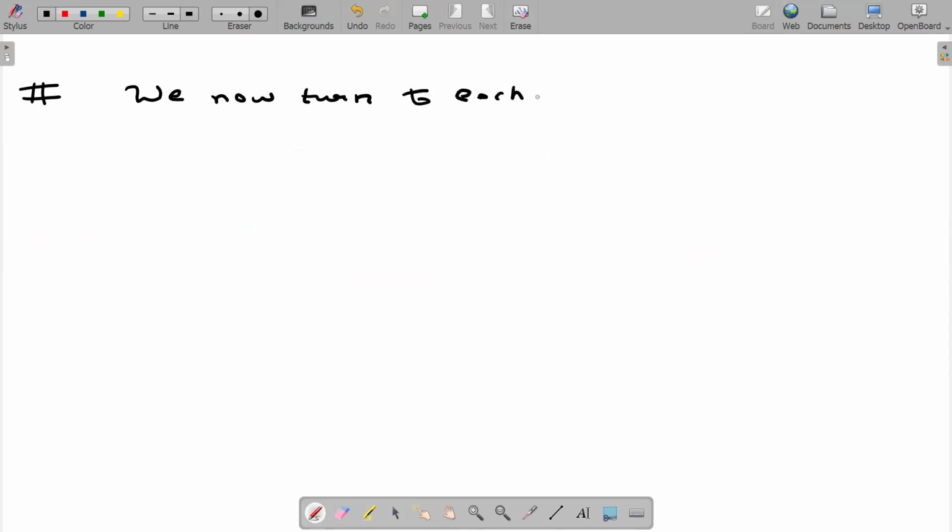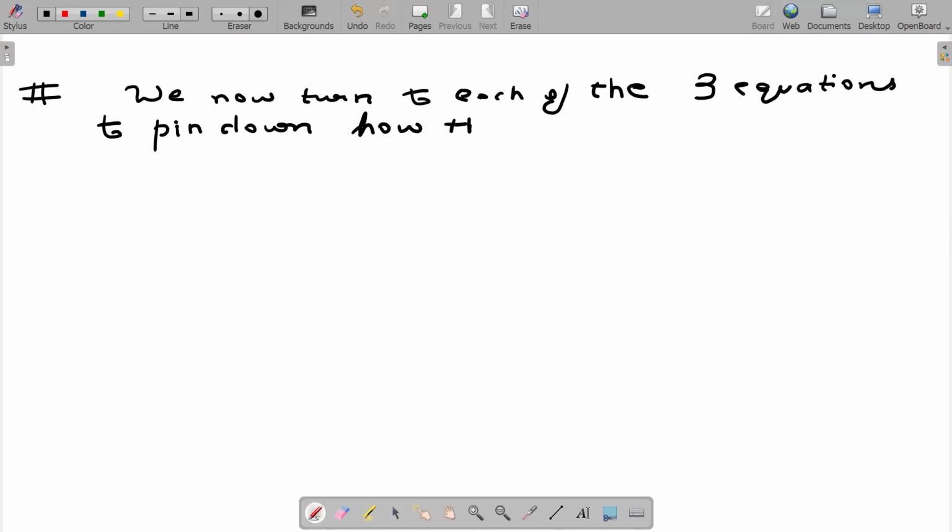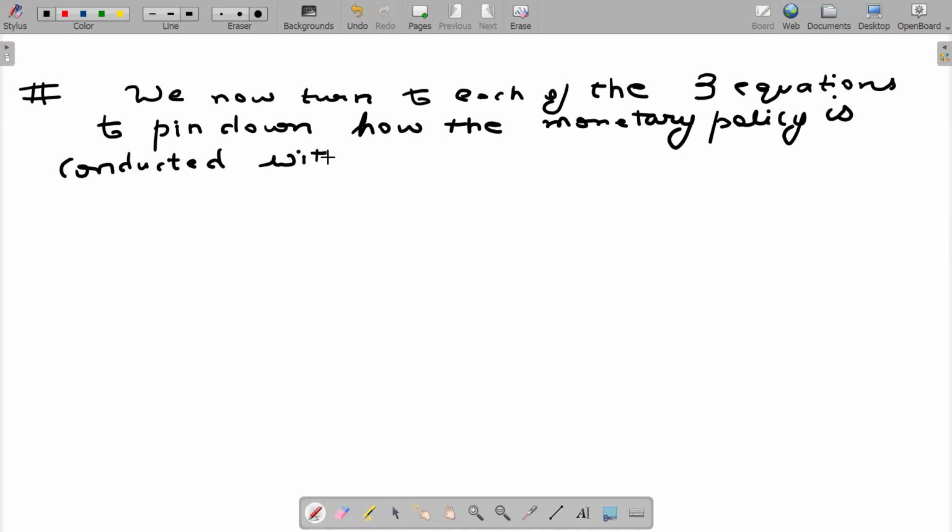We now turn to each of the three questions to pin down how the monetary policy is conducted within the three equation framework.